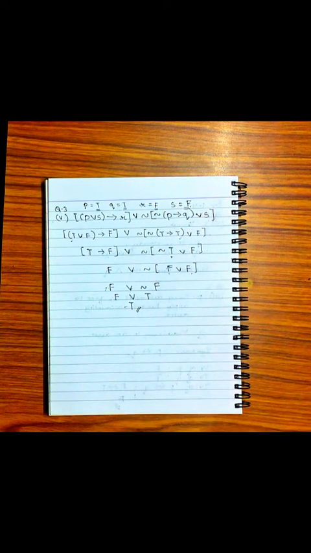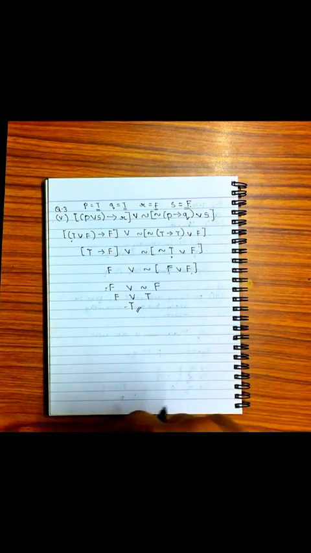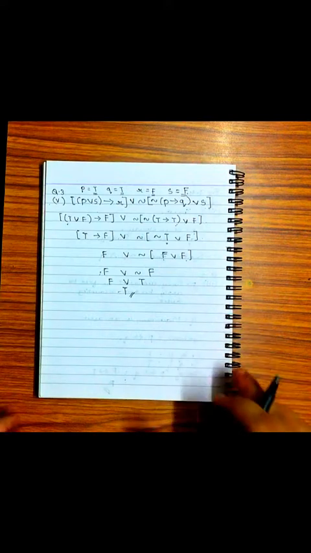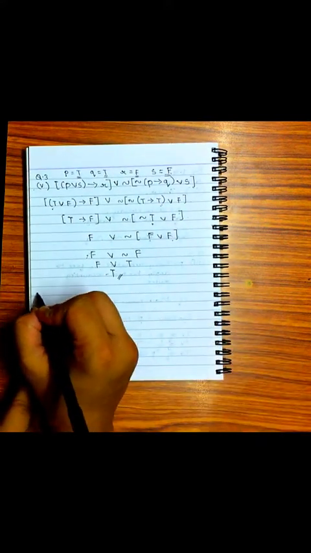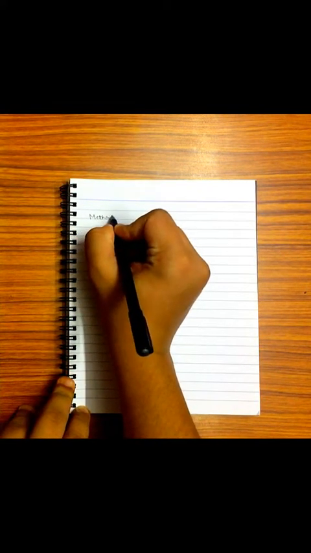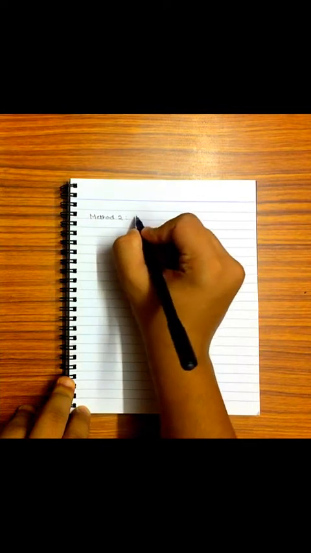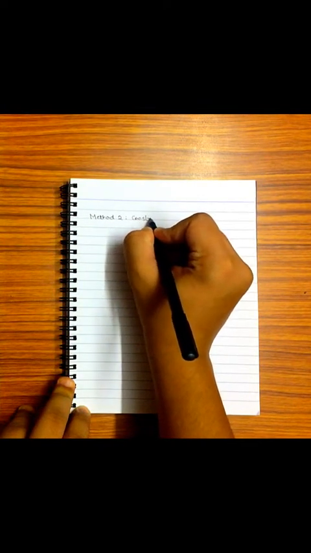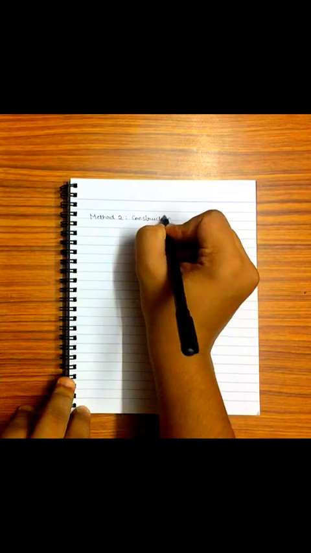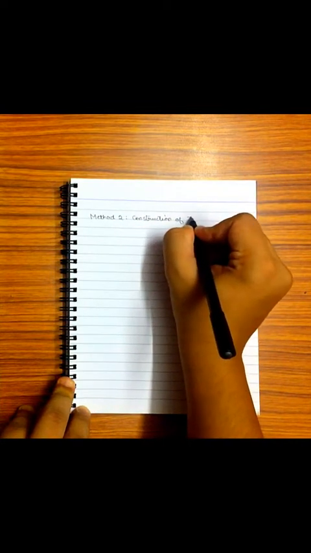So this was our first method without using the truth table. But now we will have to use a truth table if it is asked in the question. So let's see how you construct your truth table. Method 2 is construction of your truth table.